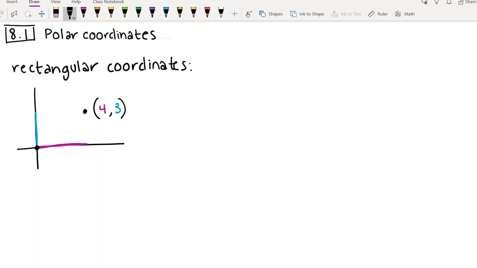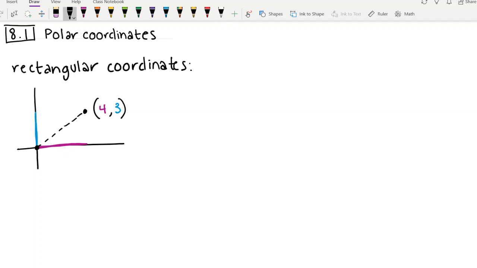But another way that you can think of describing this point and where it is, you could think about how far is it? Like, what's the actual distance from the starting point to the point you're trying to go to? But that's not quite enough information, right?